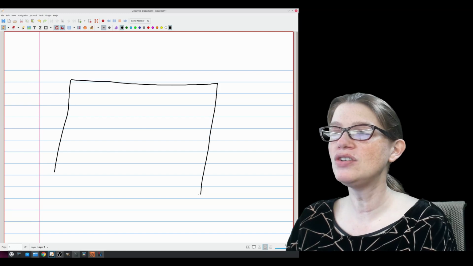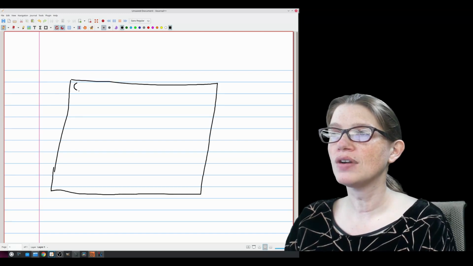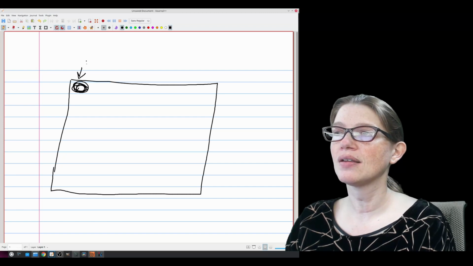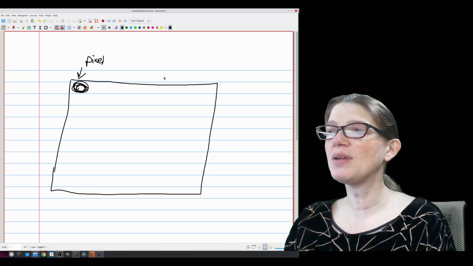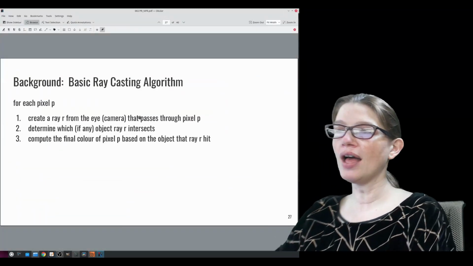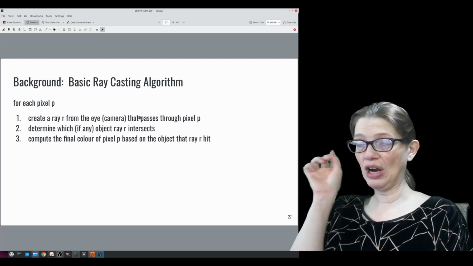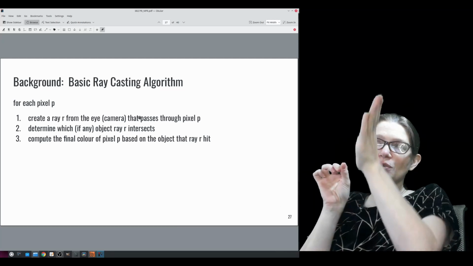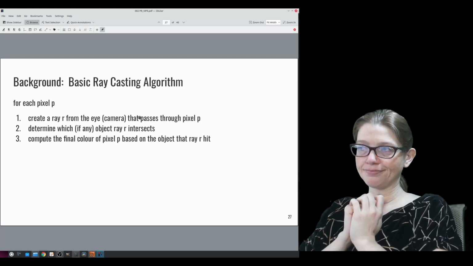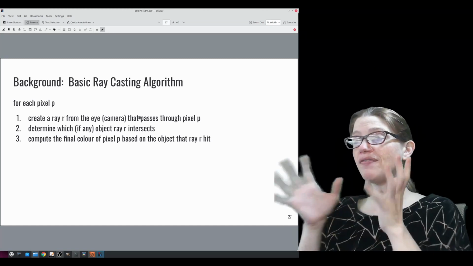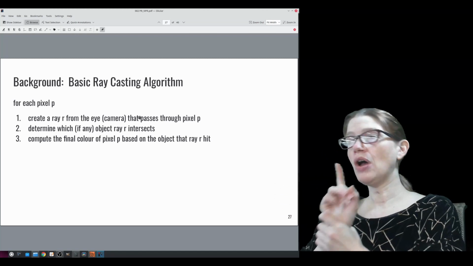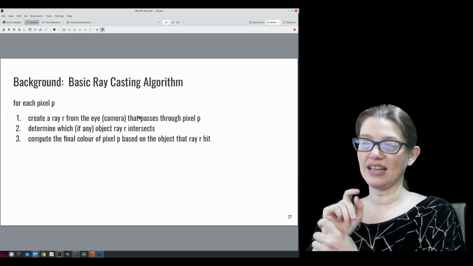So for our image, for each one of these little pixels here, for each pixel, I am going to create a ray whose origin is the camera, and it passes through that particular pixel. And I'm going to figure out which object that ray intersects, if any.